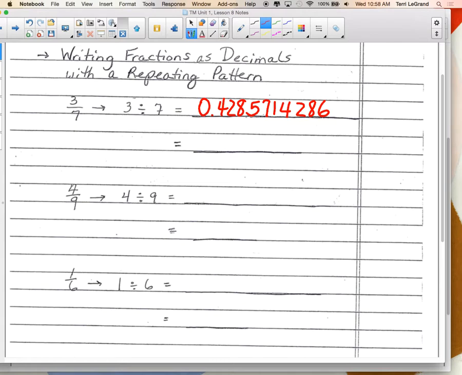Just the 4 to 8? Well, if it was just the 4 to 8, then the next 3 digits would be 4 to 8, and the next 3 would be 4 to 8, and the next 3 would be 4 to 8. So is it just the 4 to 8? No, because right here, this 5, 7, 1, that's not a 4 to 8. So it can't be just 4 to 8.